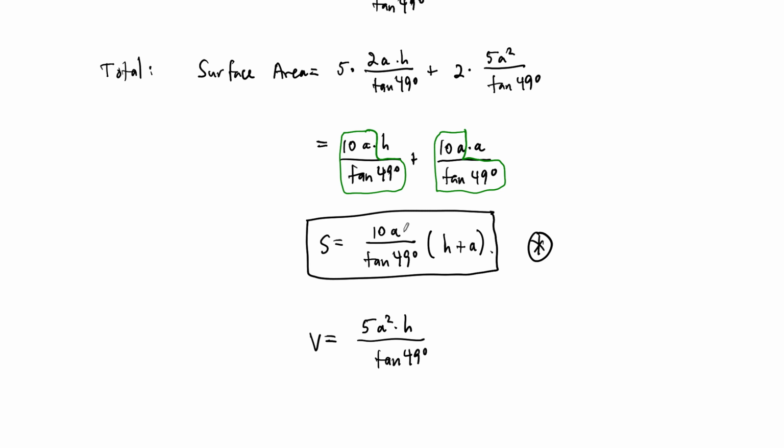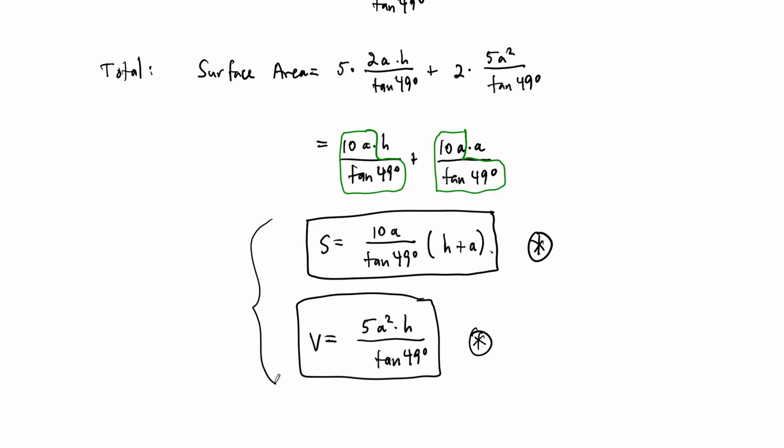This is in units squared because there's only squared terms in each one, right? So this one's in units cubed. Again, if you know the numbers, you can plug in and use the tangent 49 function on whatever calculator device you're using to get the right answer. But here you go, formulas for the surface area and the volume of a right regular pentagonal prism.